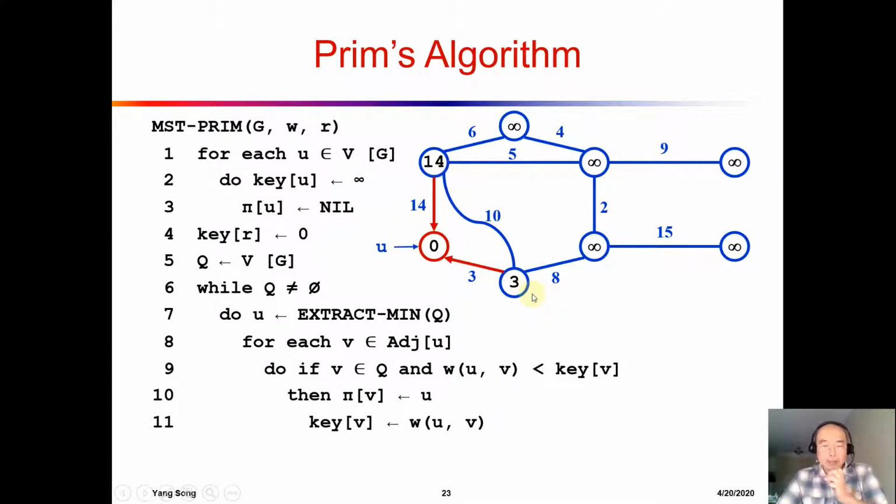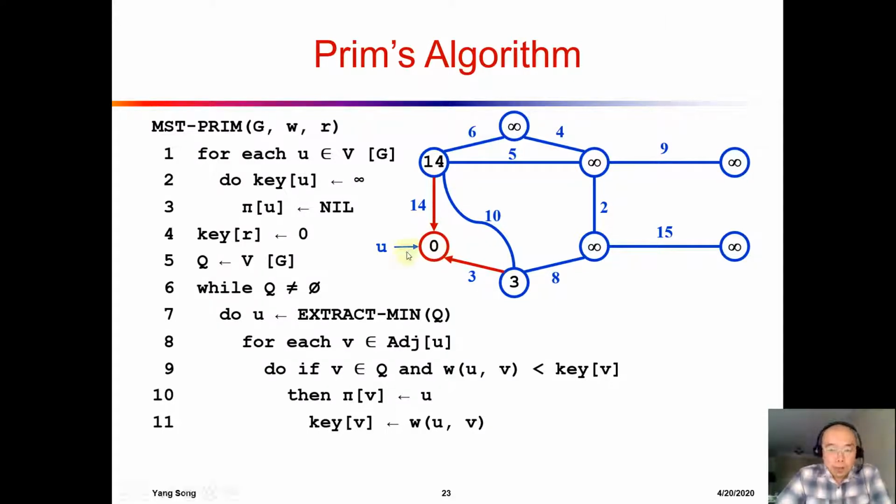Okay, and the next part is the tricky part. We want to do an extract min, and we want to extract the min from all the blue nodes, not all the nodes, because the red nodes are detached from the queue. So we want to find the minimum from the blue nodes.